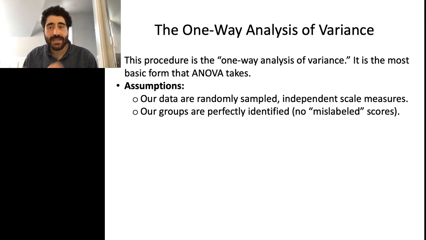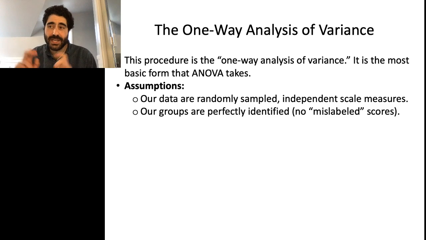The one-way in the title of this test is saying that there's a single nominal label that every person has, right? So we're getting two things from each person. We're getting some kind of scale measurement, and we're figuring out which group they're in. We have a single nominal factor with k levels, and each person is in exactly one of these levels.